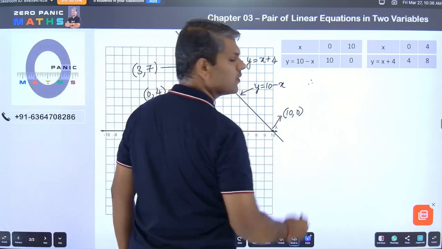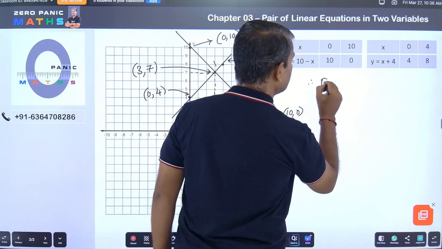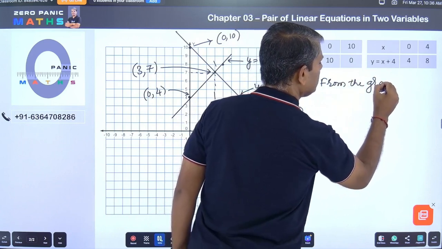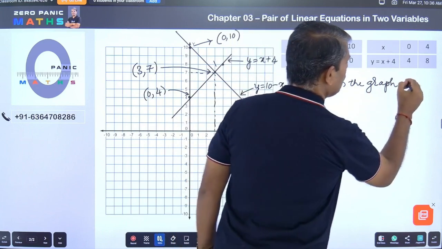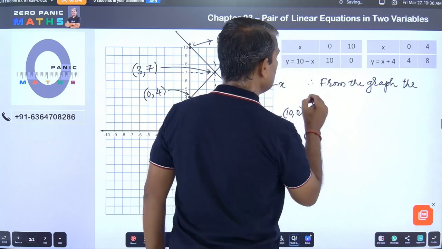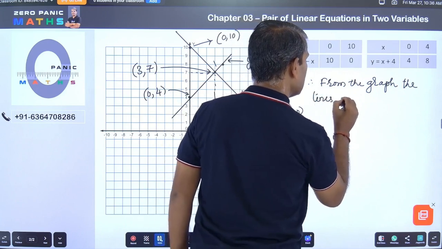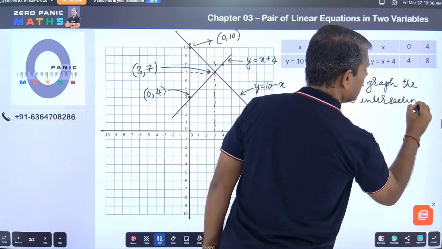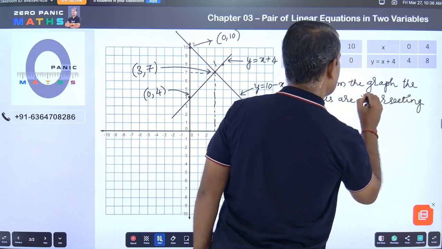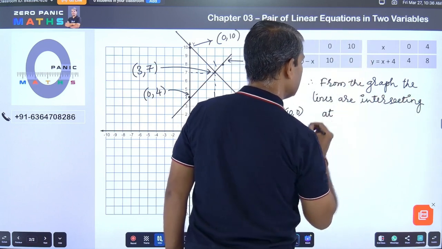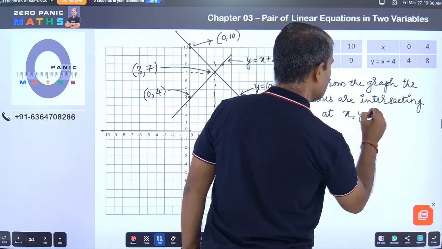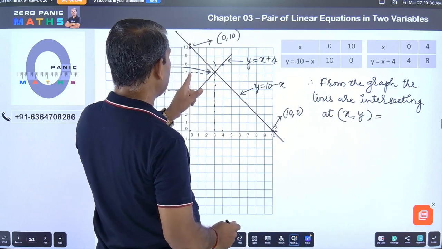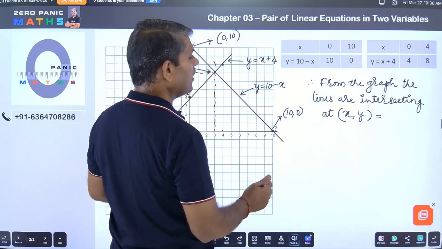Therefore, from the graph, the two lines are intersecting at (x, y) is equal to, what is x coordinate? Sorry, x coordinate 3 and y coordinate 7.